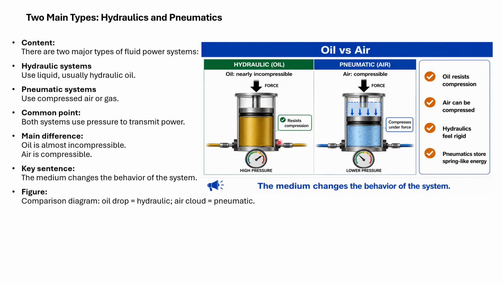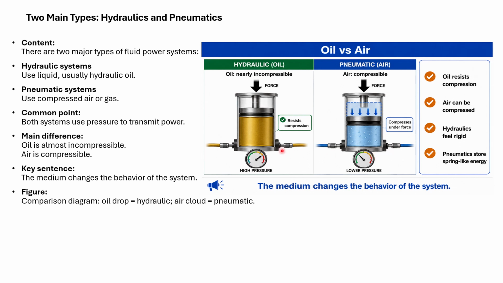Two main types: hydraulic and pneumatic. Major types of fluid power systems: hydraulic systems use a liquid, usually hydraulic oil. Pneumatic systems use a compressor, air or gas.